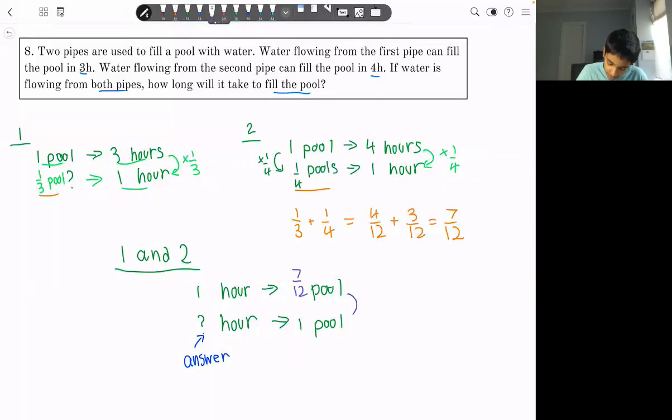And then we multiply by 12/7 on both sides, and that means at the end, 12/7 is the number of hours. So the answer is 12/7. Those are the key steps of the problem. Are there any questions?